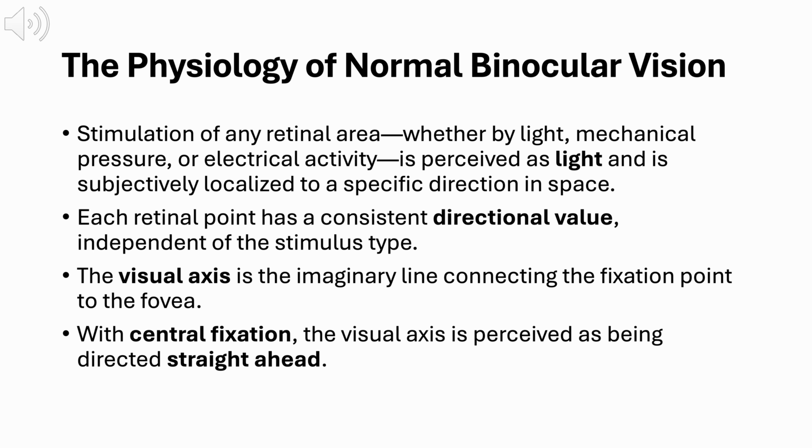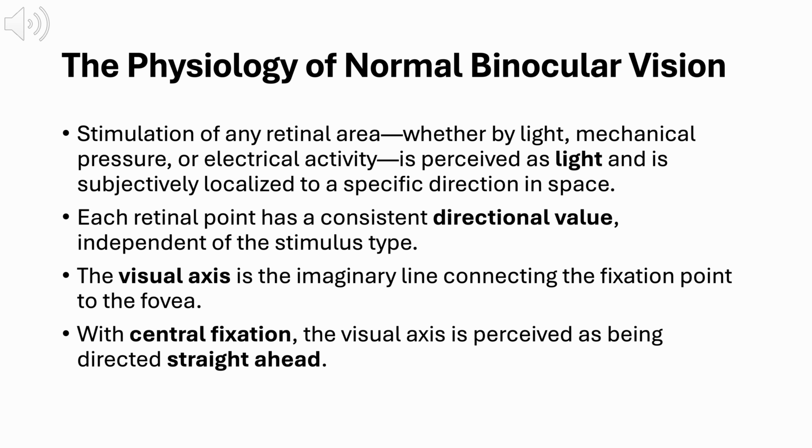To understand normal binocular vision, we have to start at the level of the retina and perception. Any stimulation of the retina, whether it's caused by light, pressure, or even electrical activity, is interpreted by the brain as light and is perceived as coming from a specific direction in space. That directional perception isn't random.